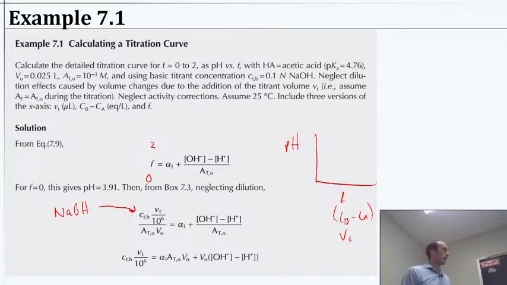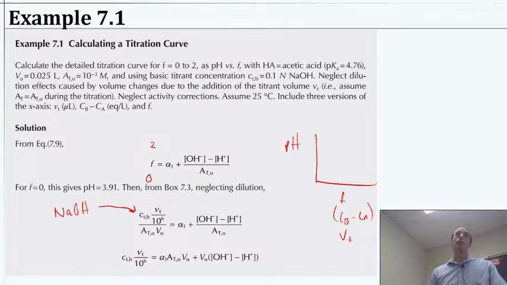We're going to divide all of that by the initial concentration of our acid times the initial volume of the solution, also in liters. So that's going to give us eventually that ratio of concentration of our base to concentration of the acid.